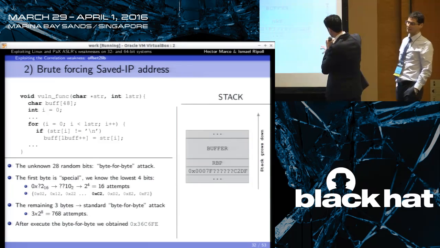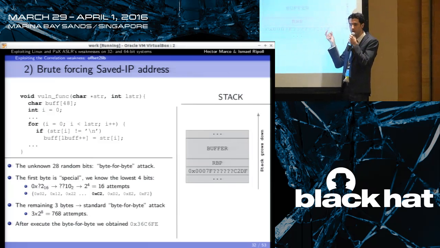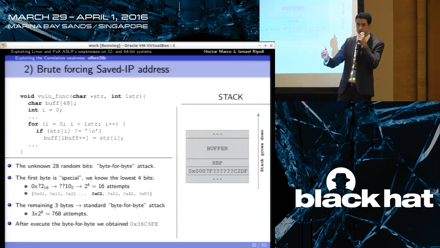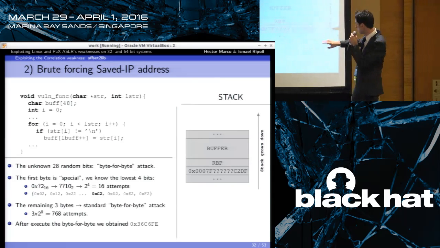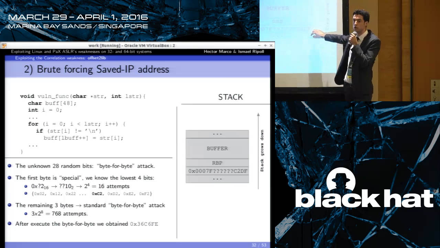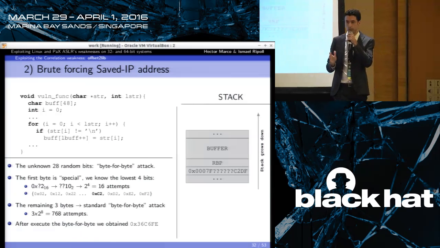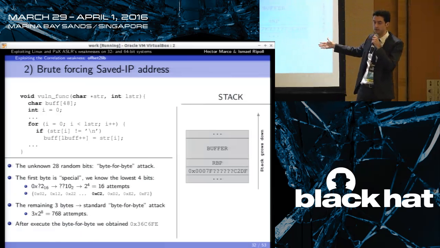Because when you overwrite with the correct one, you will get a normal answer. Otherwise, you will crash. So you have an oracle. If you put the correct address here, you will get a correct answer from the server. If you put a wrong byte here, you will get no answer because the child will crash.